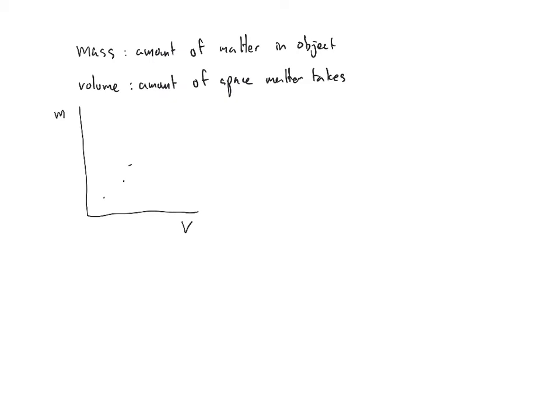So they probably found something like this, right? And they found the best line, the best graph that goes through that, and realized, oh my God, it's a slope. It's a straight line in a slope, which means it has a direct proportion. What does that mean? It means that the mass is directly proportional to the volume.